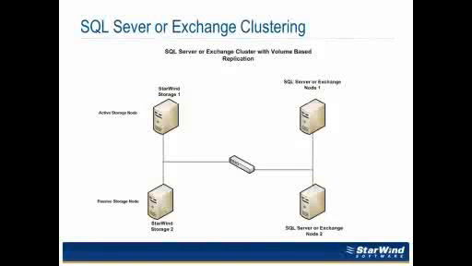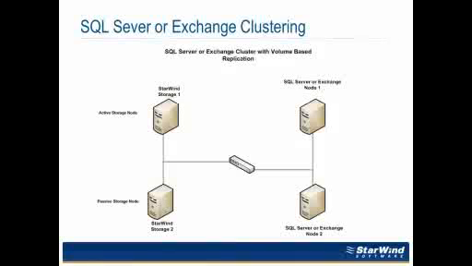So if you were to have a failure at the active storage node level, you could very simply, with minimal downtime, point your initiators at this passive node, and there would be an exact replica of this data.